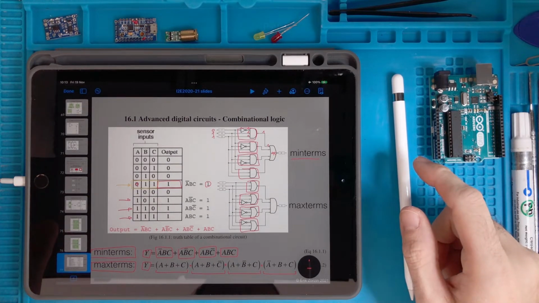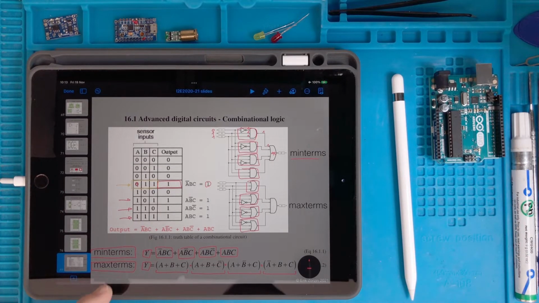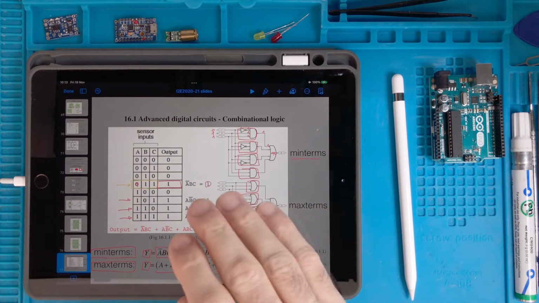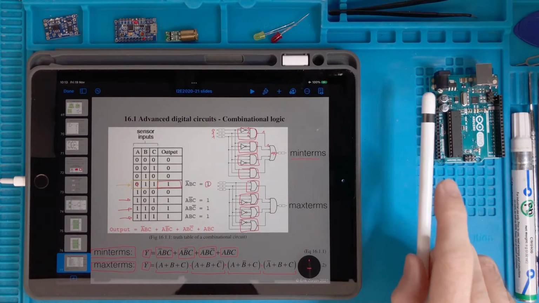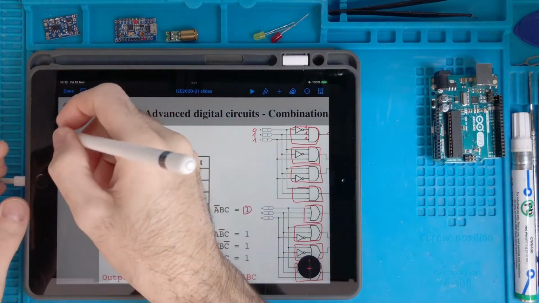Okay, so now we have a method, two methods actually, the min terms and the max terms, to pass from a given truth table, whatever it is, to a circuit implementing it. So this is a function, formally speaking.